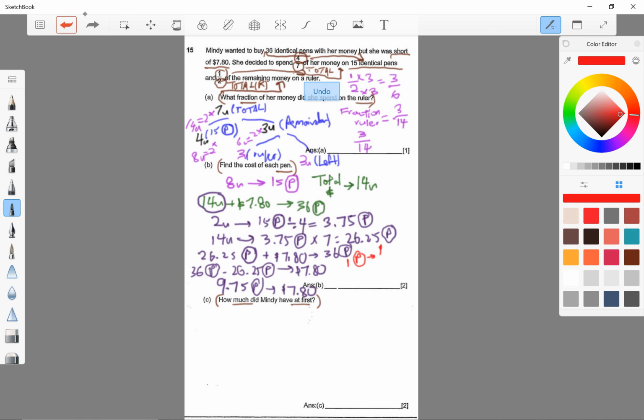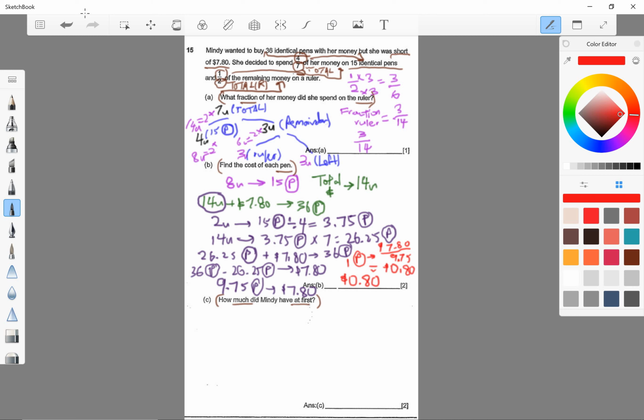I can also put it in a fractional form, so 780 out of 9.75, which will give us a nice decimal, 80 cents. Okay, 0.80.